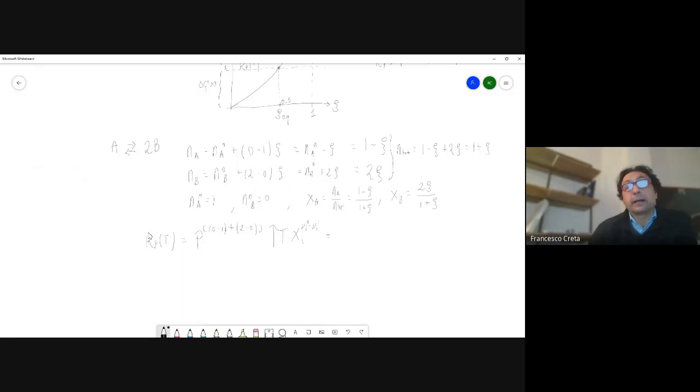So essentially we have P, the total pressure, to the power of 1. So now you see that if you change the pressure, something is going to happen to your equilibrium. And then here we have the product of xa to the power of minus 1, so it's 0 minus 1, and xb to the power 2 minus 0. So this is xb squared. And remember, this is at equilibrium.